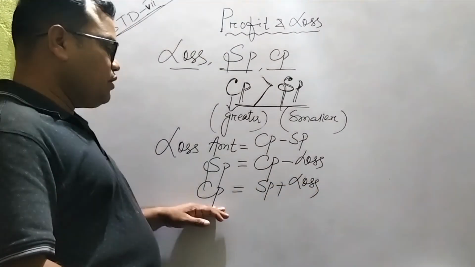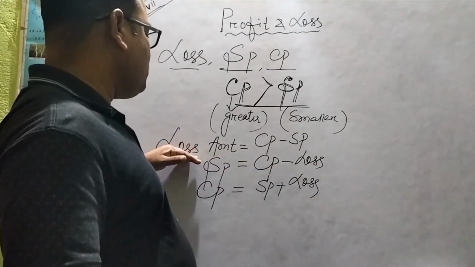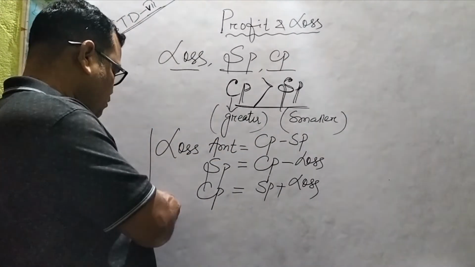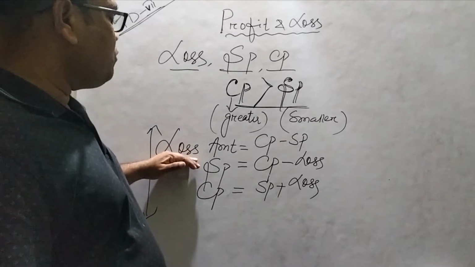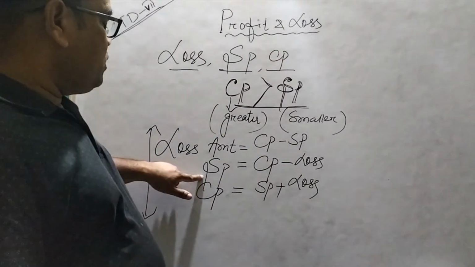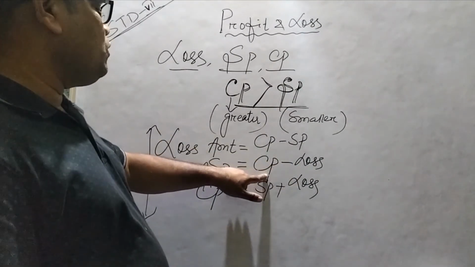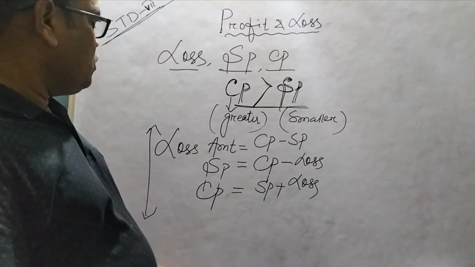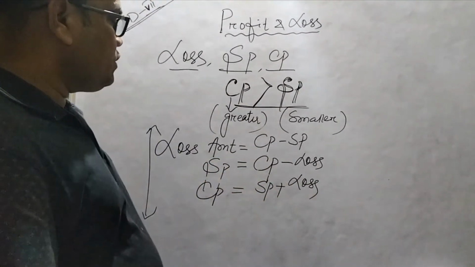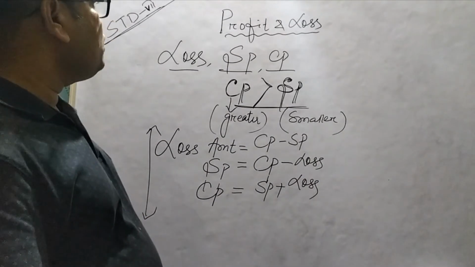As it is the greater amount, you have to add. These are the smaller amounts, you have to subtract. So this is all about the formulas of loss. Loss amount will be the greater CP minus the smaller SP. SP, the smaller one, is CP minus loss. Cost price, being the greater amount, you have to add these two things: SP plus loss. Okay, you got it?